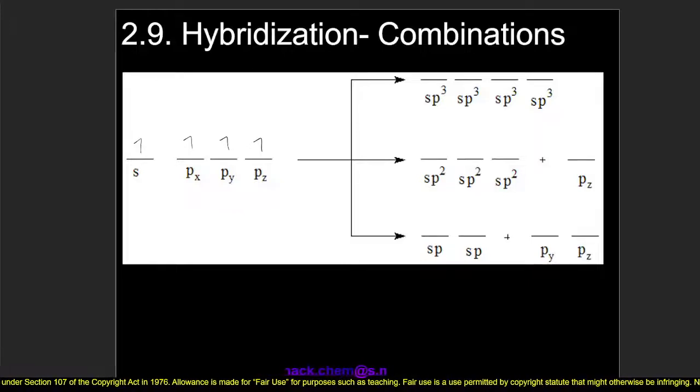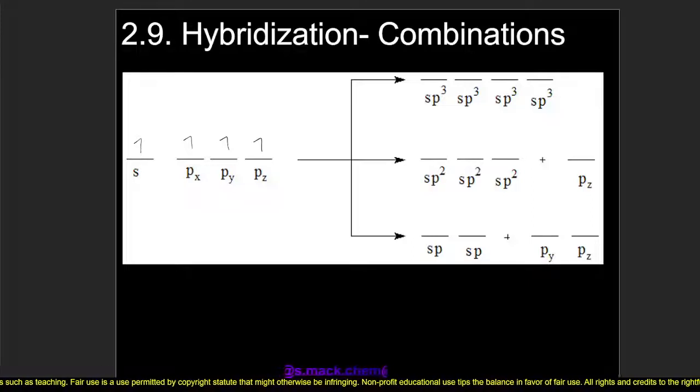If the s orbital mixes with all 3 of the p atomic orbitals, that is, we have 4 pure atomic orbitals mixing, we will get 4 hybrid orbitals.